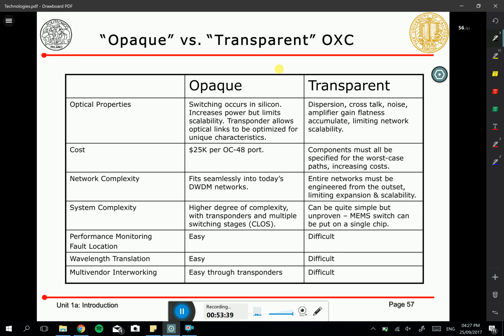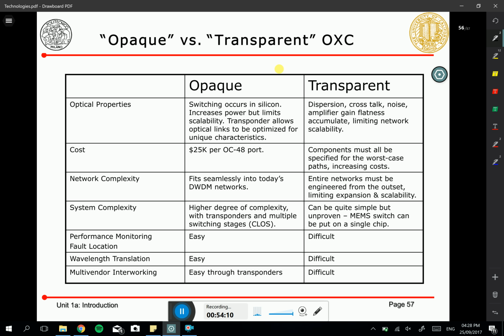Actually, people didn't really jump from electrical switching to optical switching. For a while, they did an intermediate operation in which they were doing optical switching, but not directly on the long distance wavelengths, like here. They were going on the short distance wavelengths, using the short distance wavelengths to do switching, and then going back to the long distance wavelength.